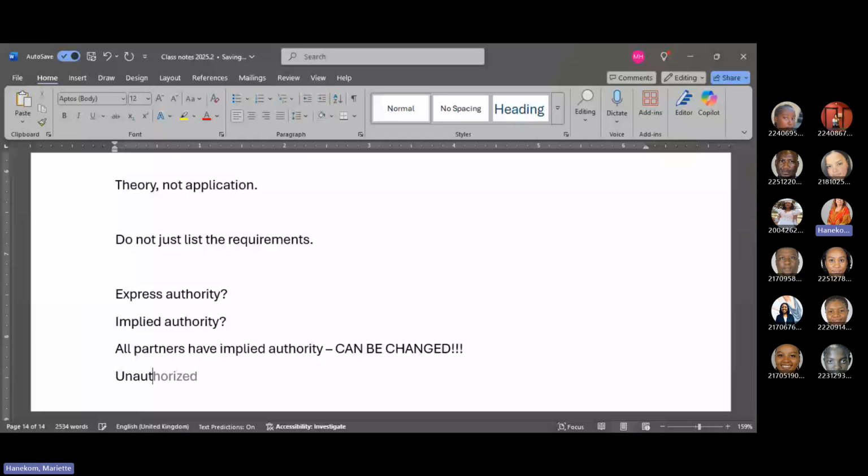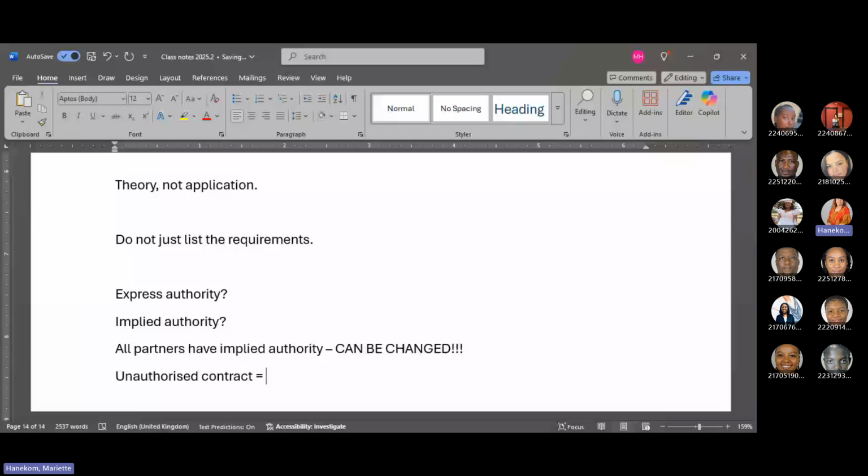It remains unauthorized. But because this is a partnership and there are specific common law rules that apply to partnerships that are slightly different to the common law rules of agency that apply to individuals.